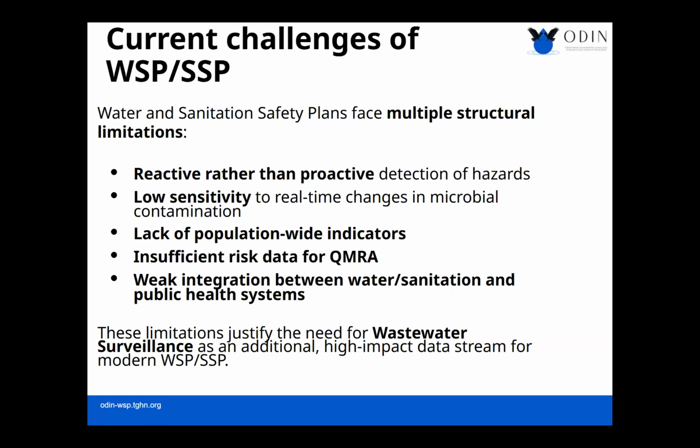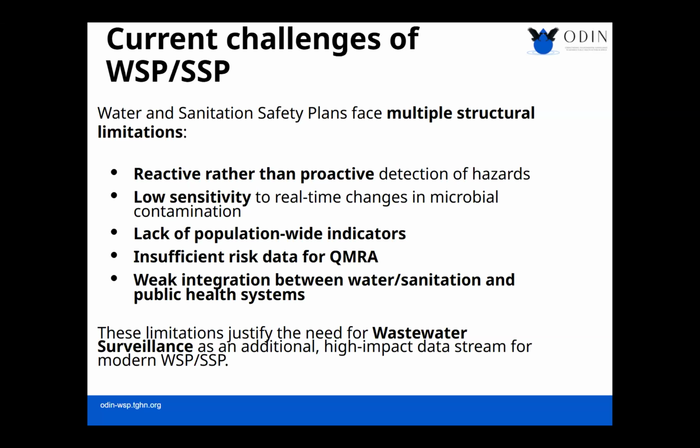Despite the importance of water safety plans and sanitation safety plans, there are some limitations. Firstly, those systems are reactive rather than proactive. My colleague Evody already talked on that. The second aspect is the low sensitivity of these techniques.